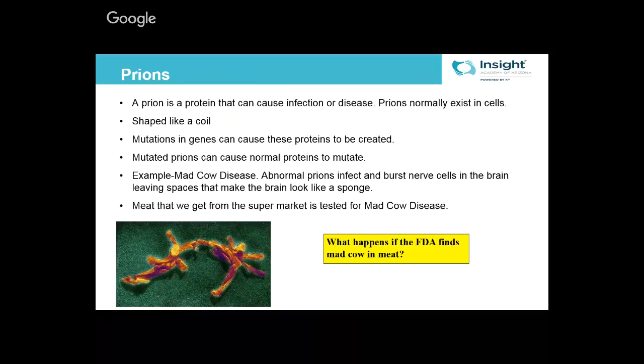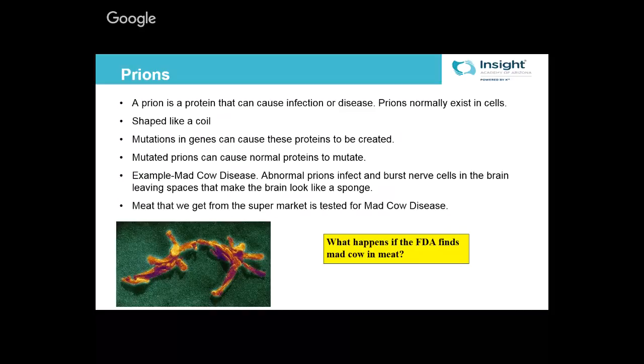They normally exist in all cells. They're shaped like a coil, and they have mutations in genes, and this can cause these proteins to be created if there's mutations. Mutated prions can cause normal proteins to mutate. So the body might recognize them as an enzyme, but it's a mutated enzyme.